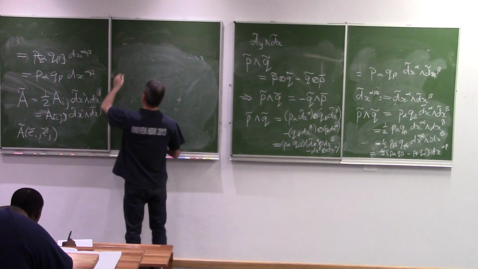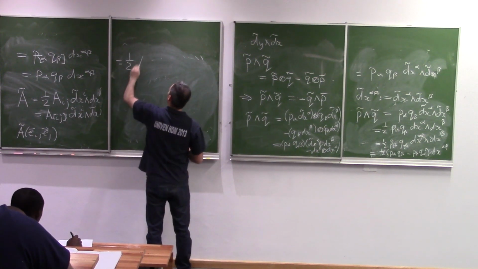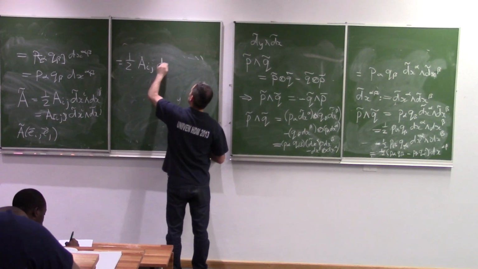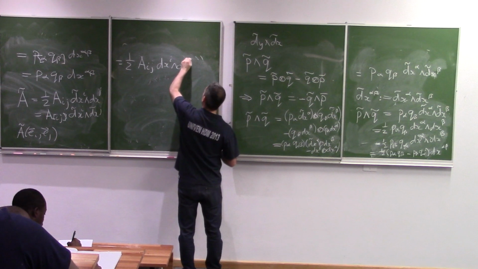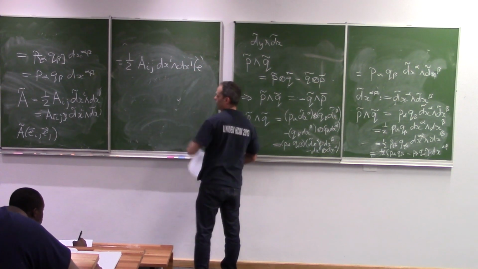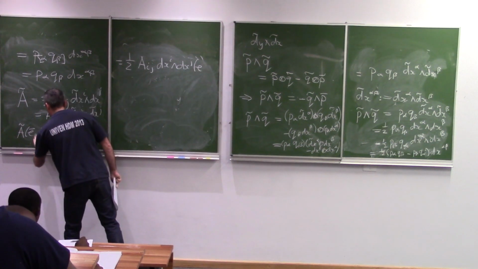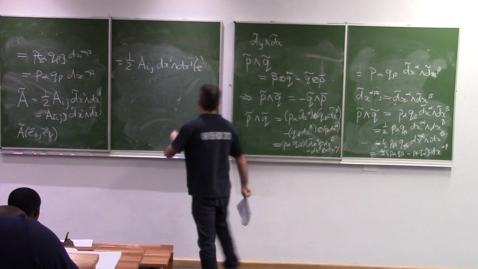Okay, so that will be equal to 1/2 A_ij dx^i wedge dx^j acting on E_k, E_l.